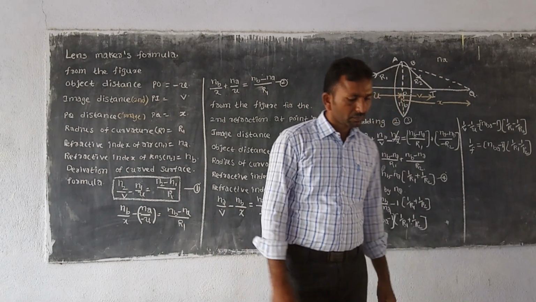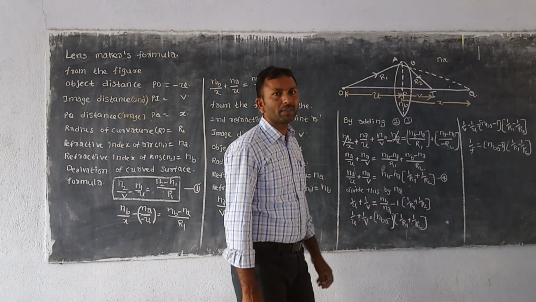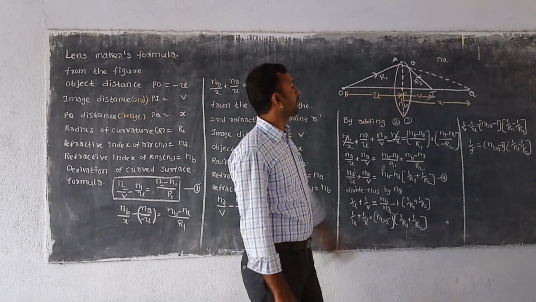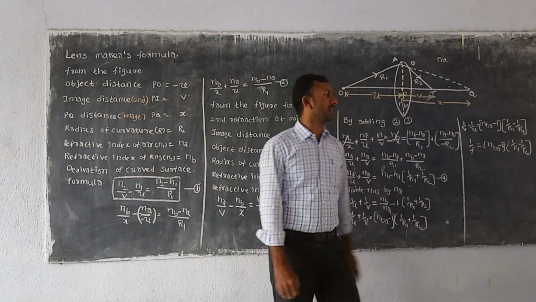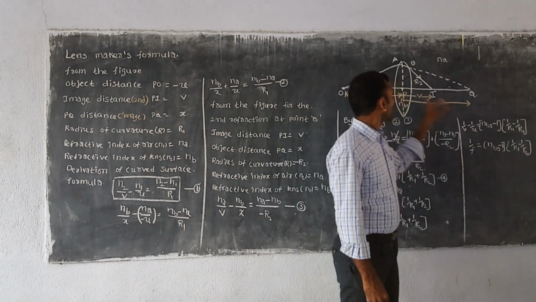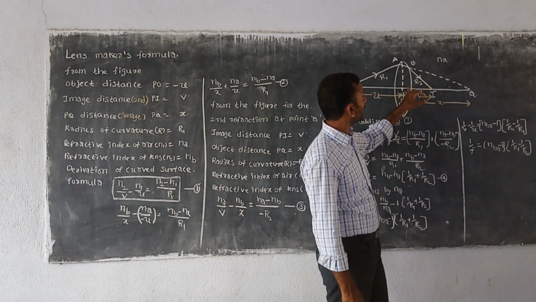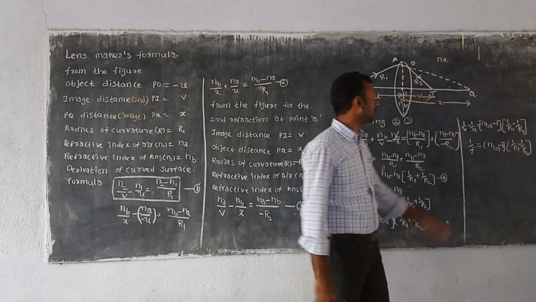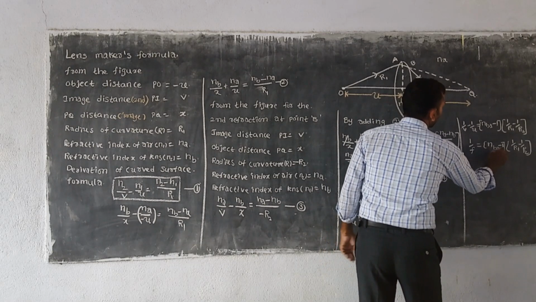So here, where did we keep the lens? In the air. We know the refractive index of air is always 1. If we think the lens refractive index is almost equal to the air refractive index, we can say the NBA value becomes 1.